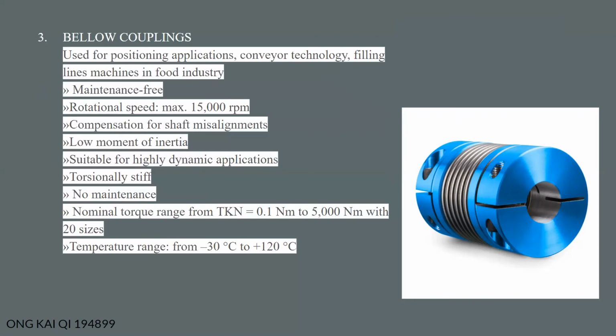The nominal torque TKN ranges from 0.1 Newton meter to 5,000 Newton meter with different sizes. The temperature range is usually from negative 30 degrees Celsius to 120 degrees Celsius.